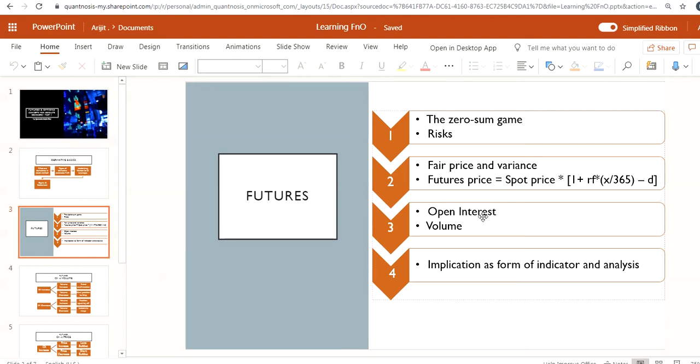Now these two things could be very interesting, and could be used as an indicator or analysis for deducing price movement of the spot market or the underlying, which means I can do analysis based on the future open interest and volume of Nifty, and then try to predict what the price of the Nifty will be in the upcoming days, or what kind of movement I can expect.